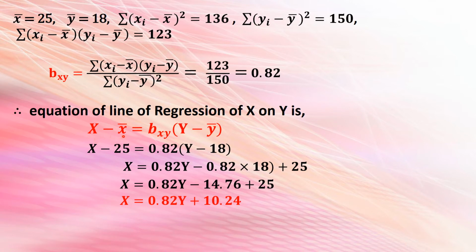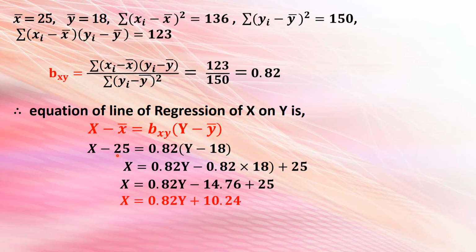Now the equation of line of regression of x on y is x minus x bar is equal to bxy into (y minus y bar), and substitute the values of x bar, bxy and y bar. We will get x minus 25 is equal to 0.82 into (y minus 18).